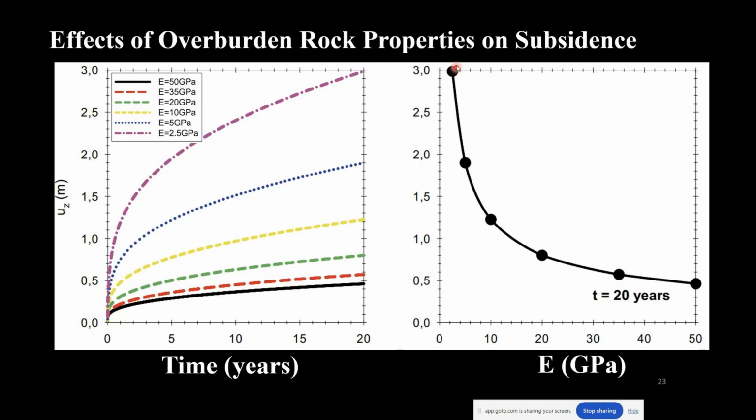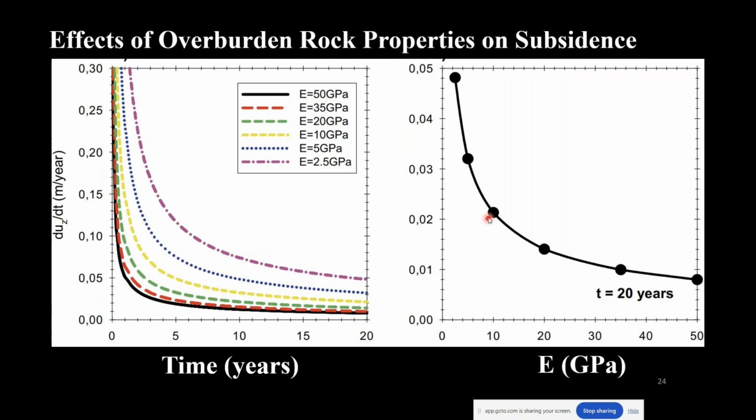For 2.5, it's about 3 meters over 20 years, and for 10 gigapascal it will be about 1.2 meters. So the difference is very significant, and it shows that the overburden rock properties may have a quite relevant role in the overall geomechanical behavior of salt cavern fields.